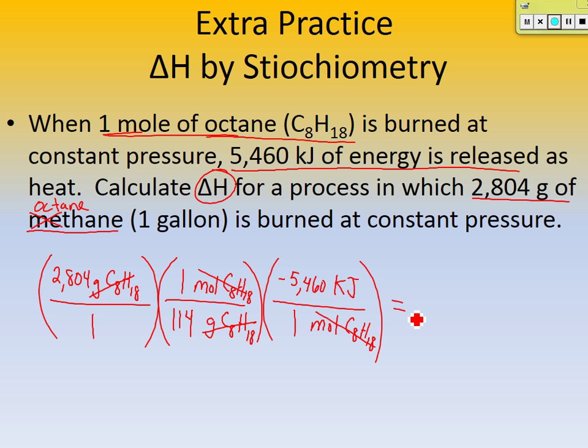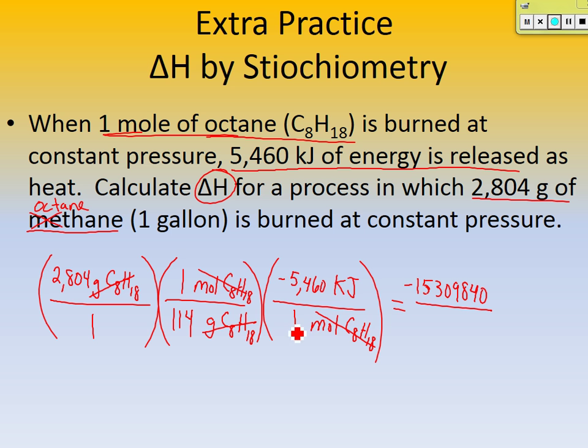So 2,804 times a negative 5,460. Yeah, I get minus. Okay, that goes on top. And we're going to divide that by what's on the bottom.